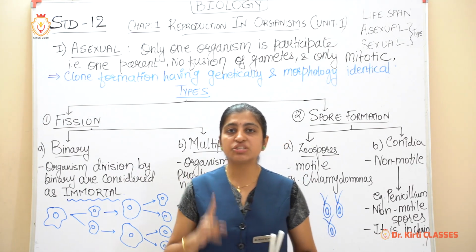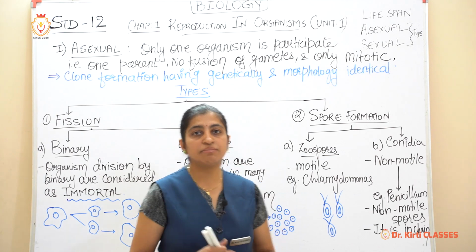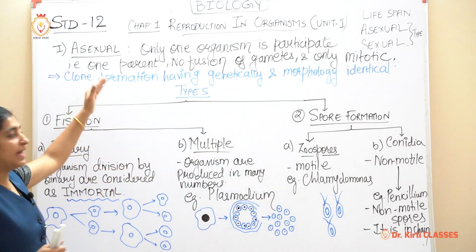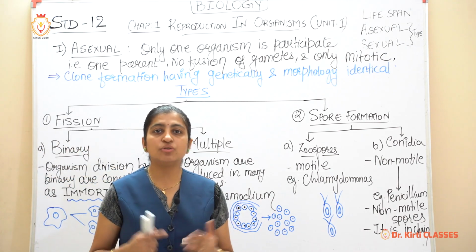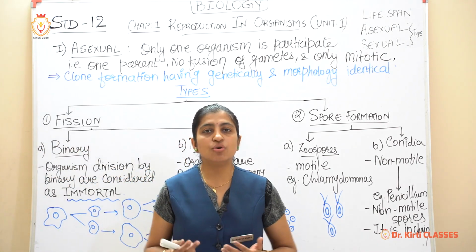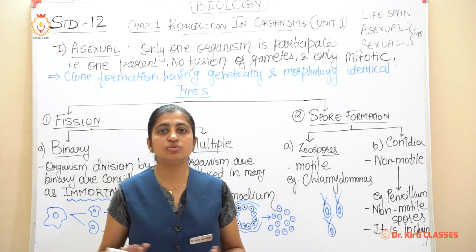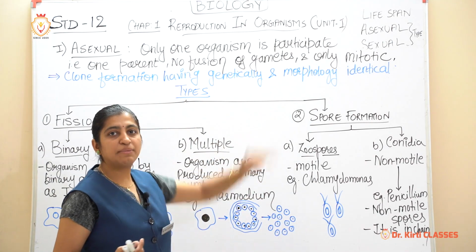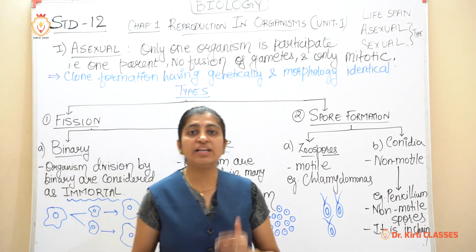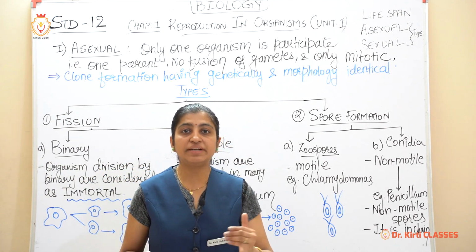So in asexual reproduction, only one living organism participates, and that is nothing but one parent. Since there is one parent, there is no use of gametes. If there is no use of gametes, there is no chance of fusion of gametes. So here no fusion of gametes will be there, and only mitotic division.